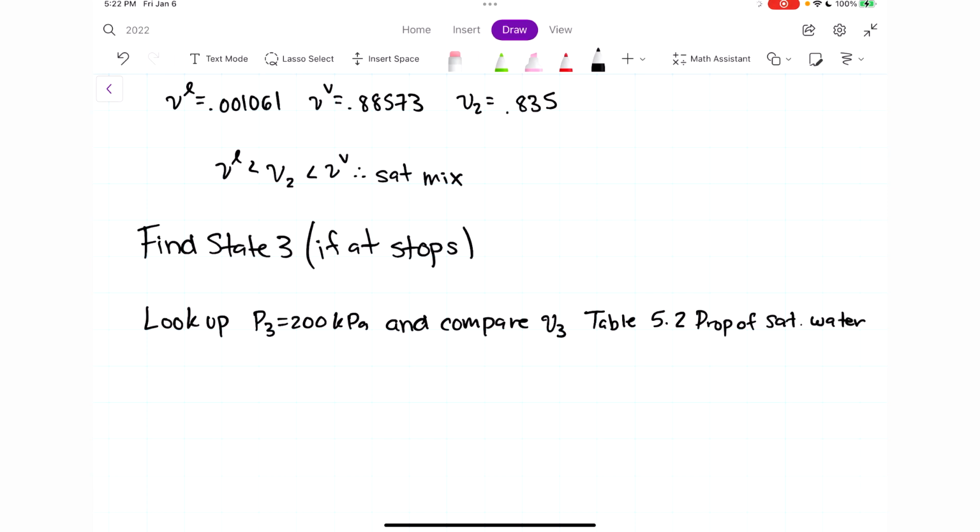That's the name of the table that I use in my textbook. I don't know, your textbook, you're going to have to figure that out.